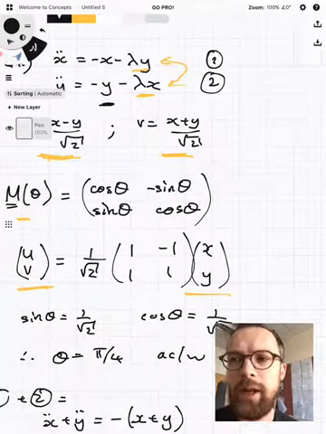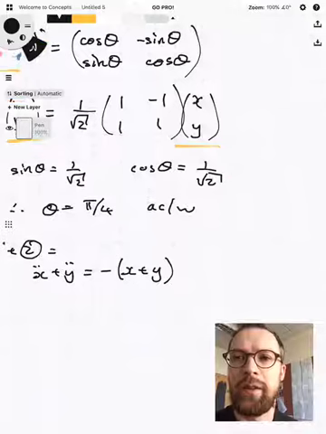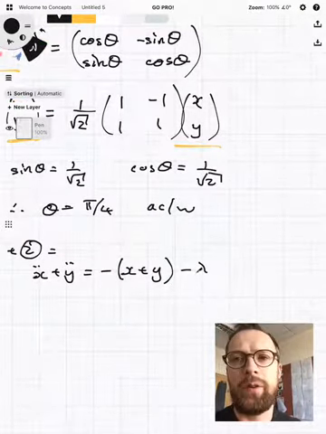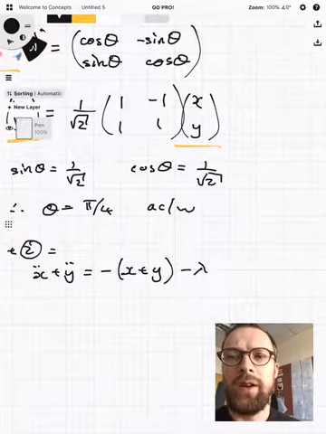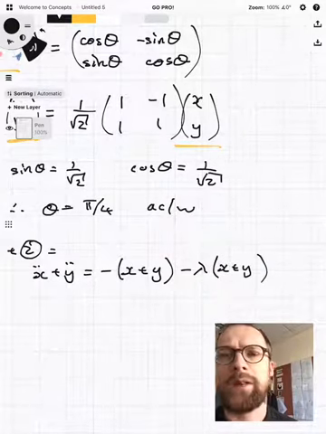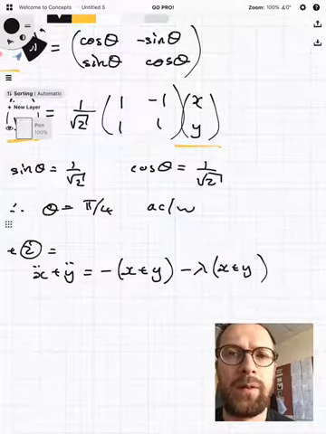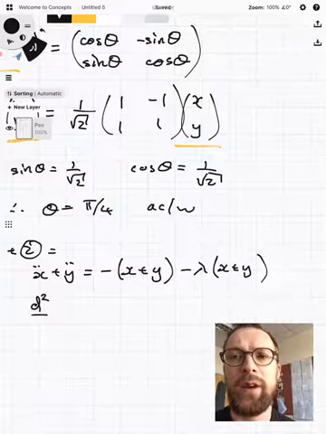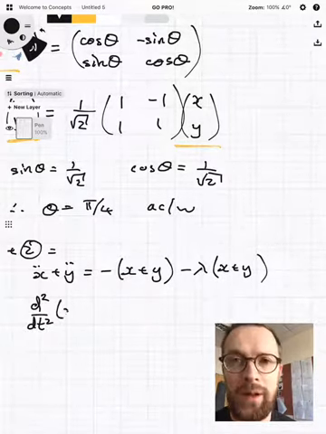An alternative is what we're doing here, which is to just add the equations together. You add equation 1 and equation 2 together, then you get x double dot plus y double dot on the left hand side, and everything on the right hand side is also a function of x plus y.